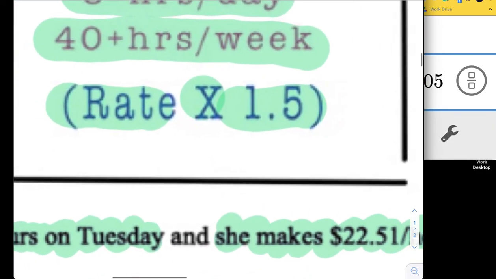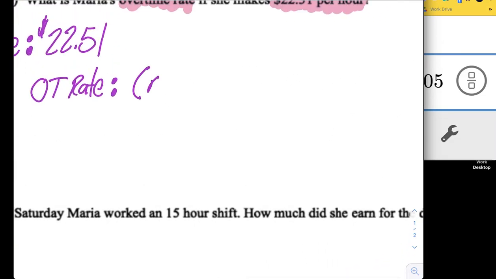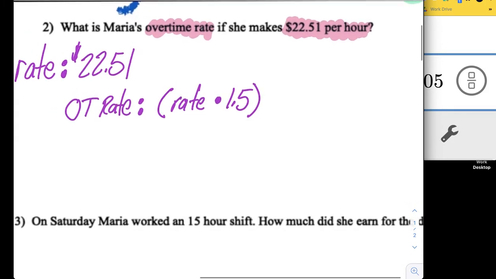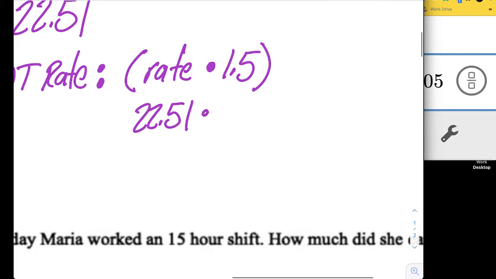Rate times 1.5. So parentheses, rate times 1.5. So our rate is $22.51 times 1.5.